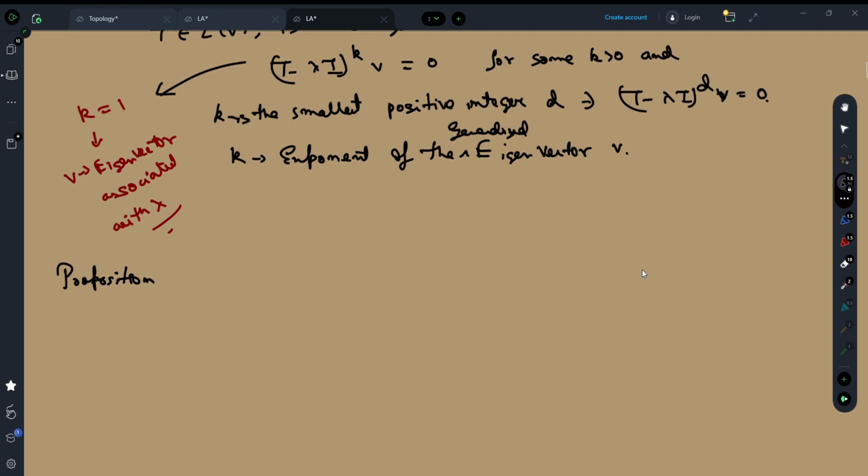That is, it has Jordan blocks in a certain block diagonal representation of that matrix. Now we know. Let me just give a brief reach to it.